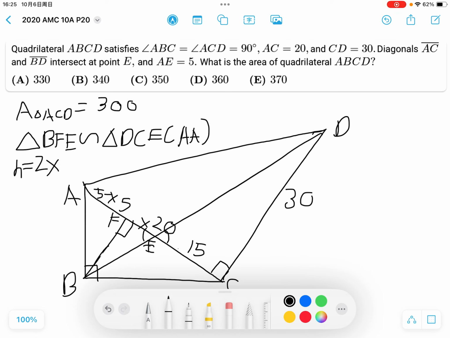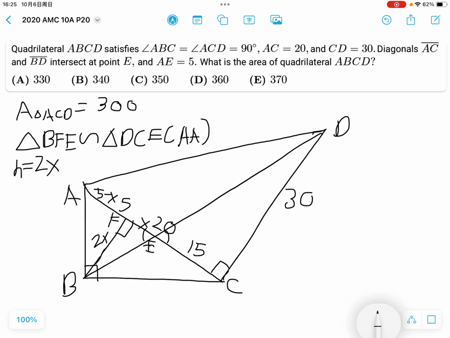So if we solve x, we're done. So this is 2x. Maybe we can use the Pythagorean theorem. But then, however, we don't know AB or BE to use the Pythagorean theorem, and we don't know BC either.